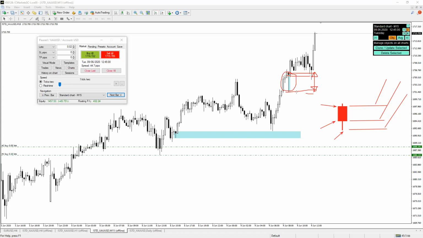Whenever you have a big range like this, sometimes it's better to just, if you don't mind the drawdown, because sometimes price might get all the way down to this point, you can just place your pendings. At this point, you'll almost never miss a trade. At this point, you might end up getting some really good entries, but you might miss some trades.